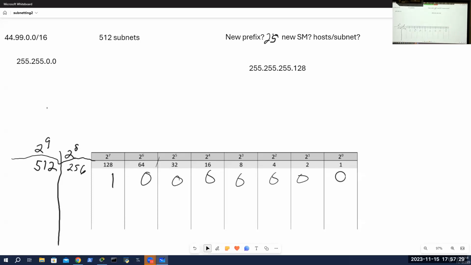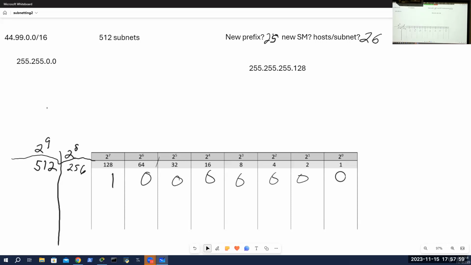And so how many hosts per subnet do we have? 126. So 2 to the 7th gives us 128 minus the 2 is 126. So when it's more than 2 to the 7th, you just keep extending the table.